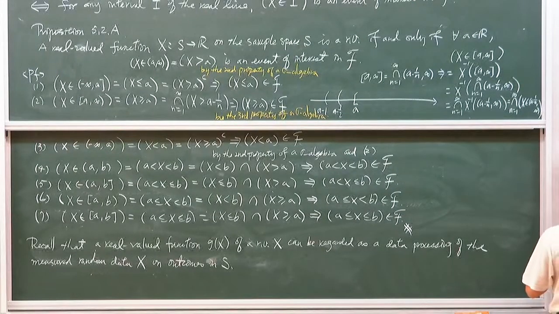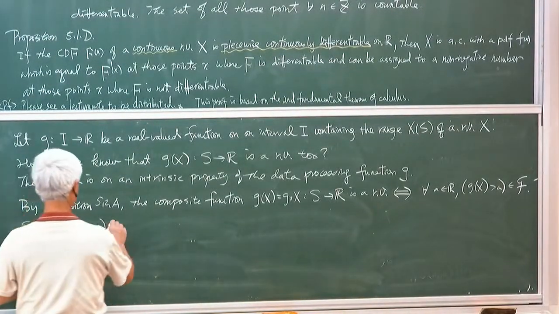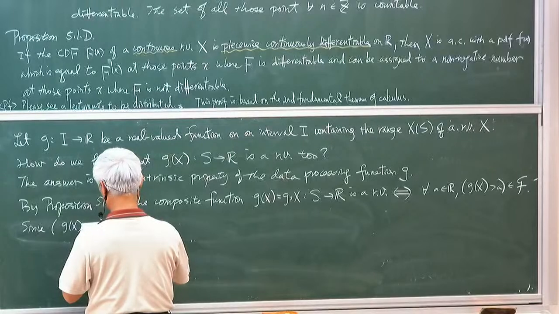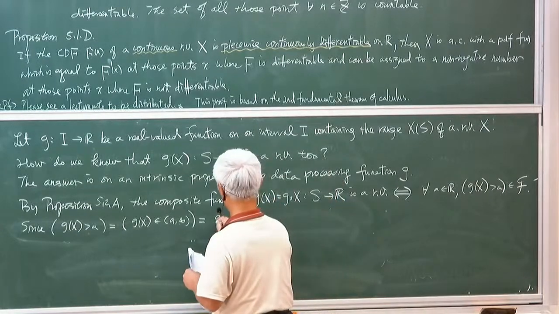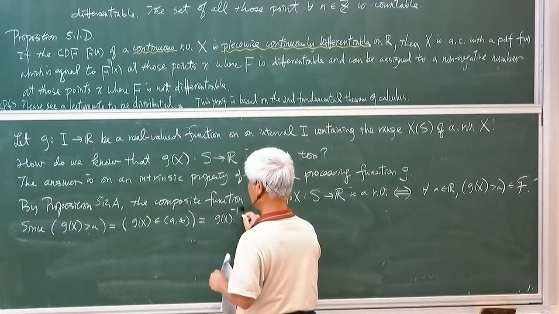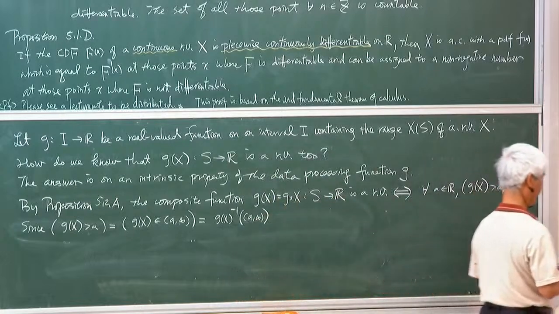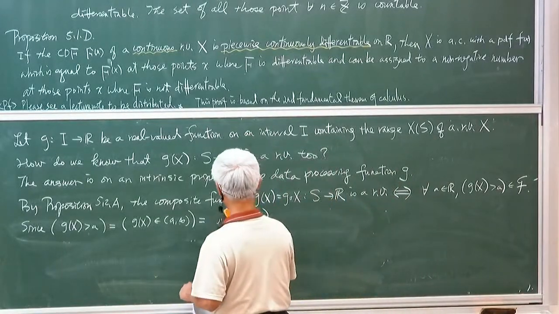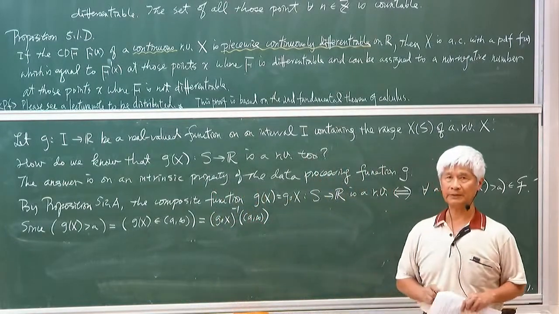Now, this event, this subset says that g of x is in a to infinity. So this is the inverse mapping of a to infinity.